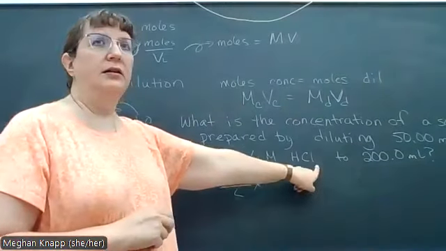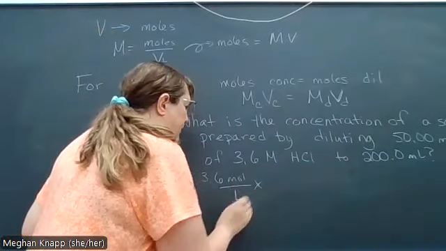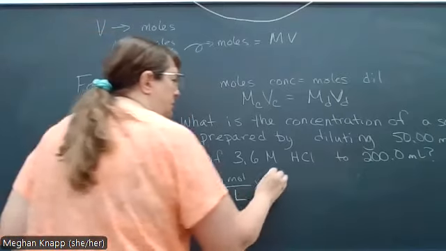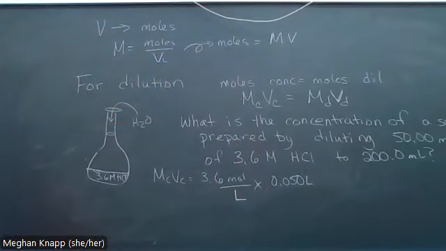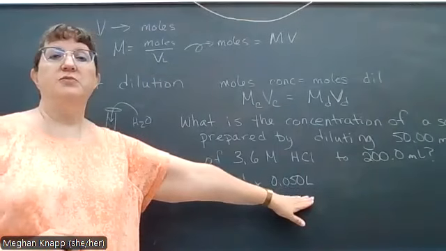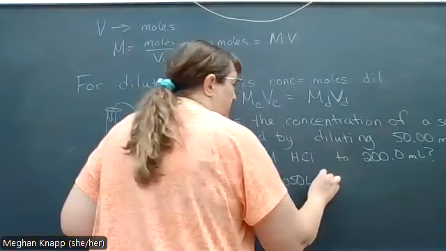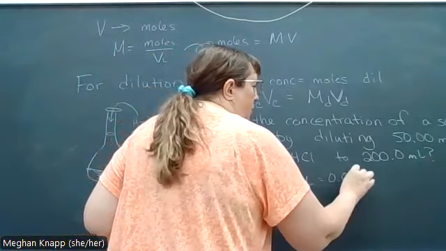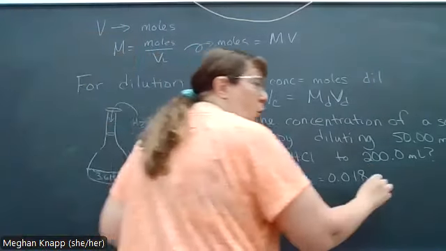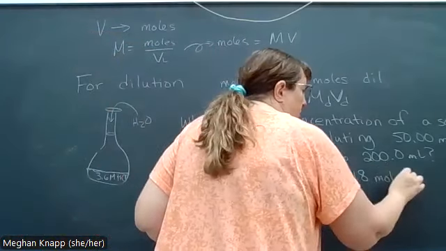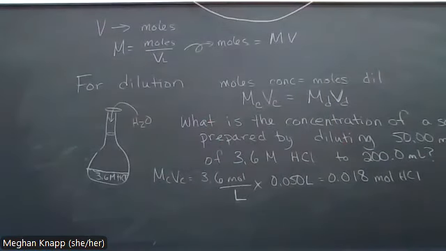This is an L. This is an L. Okay, so this 0.050 is just me converting milliliters to liters. Okay, so I'm going to multiply that out, get 0.018. I only have 2 sig figs, moles HCl.